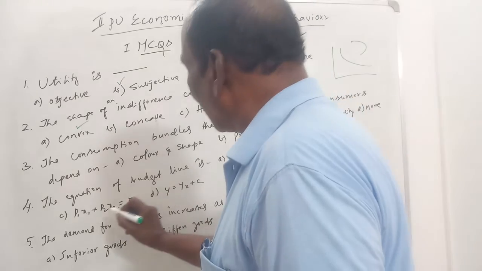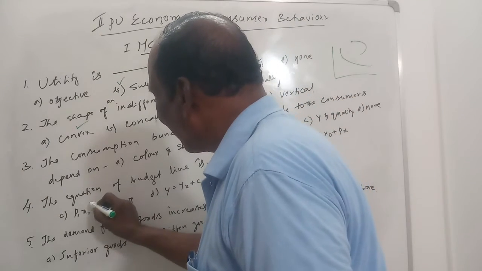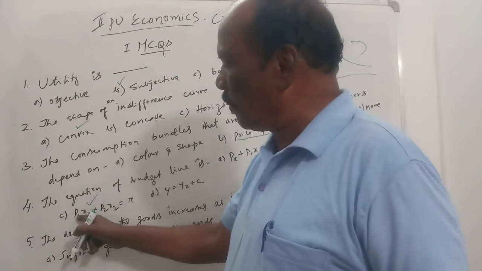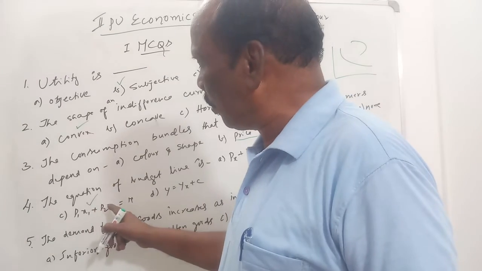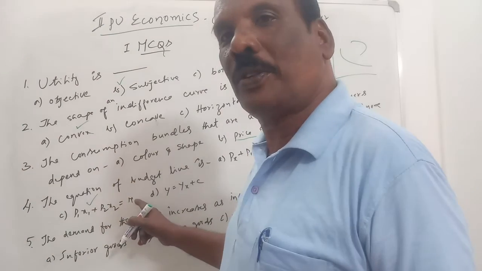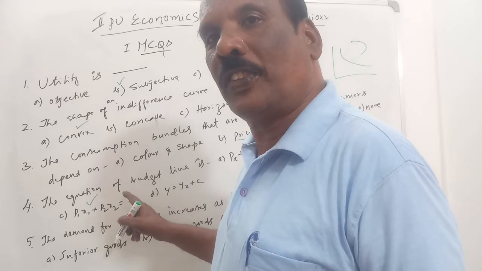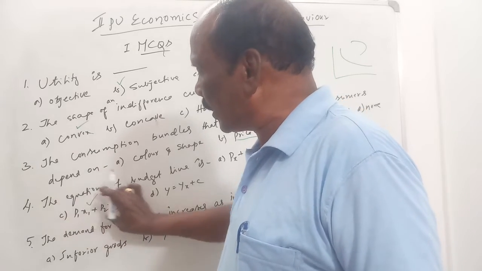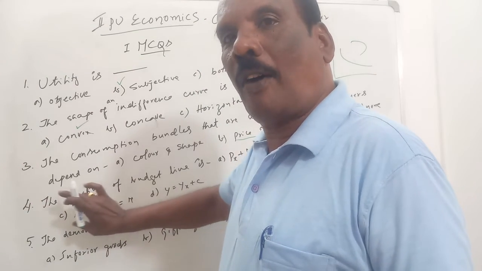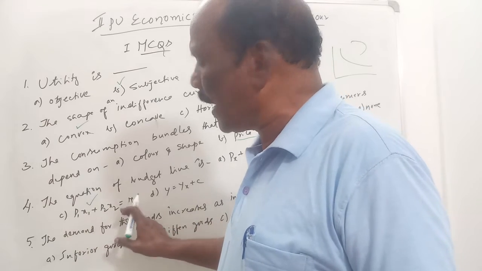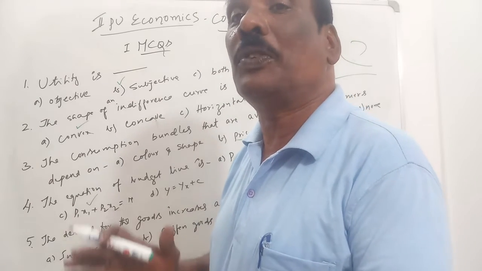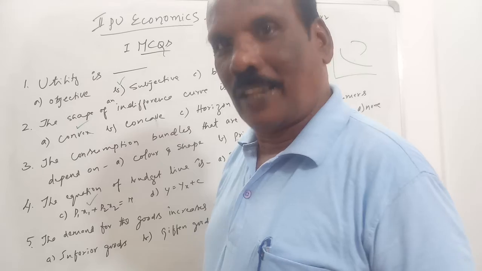Just see, this is the right answer. P1 X1 plus P2 X2 is equal to M. M denotes income. See, the cost or the prices of both the commodities X1 and X2 must be equal to the income of the consumer.